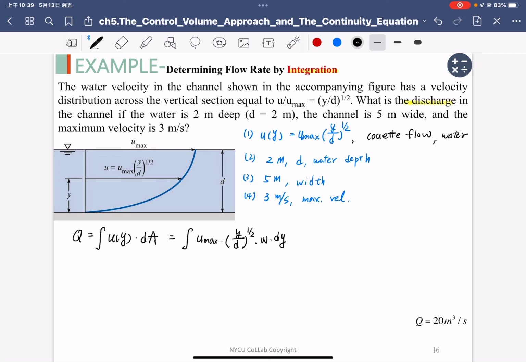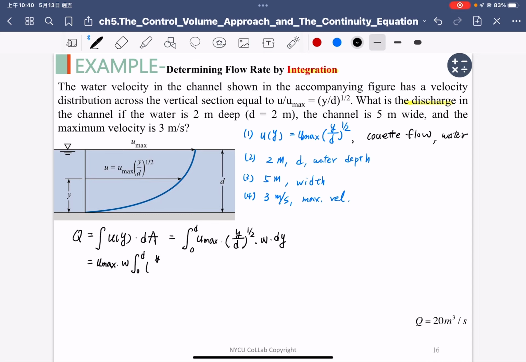Then the integration will go from the bottom of the channel to the top, so the integration along the y direction runs from 0 to D, the total water depth. I put all the constant values outside the integral: u maximum and the width are constants.